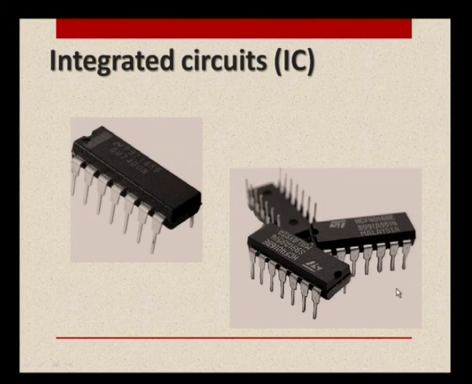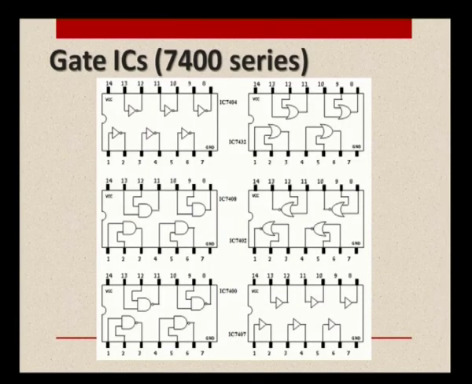How are the gate circuits incorporated in them? Once again we have to look at the layout of the gates in the respective ICs. I would like to show the 7400 series for the discussion. This diagram is a very familiar diagram right now for us. If this NOT gate is to be designed in this IC, each NOT gate has a transistor in it.